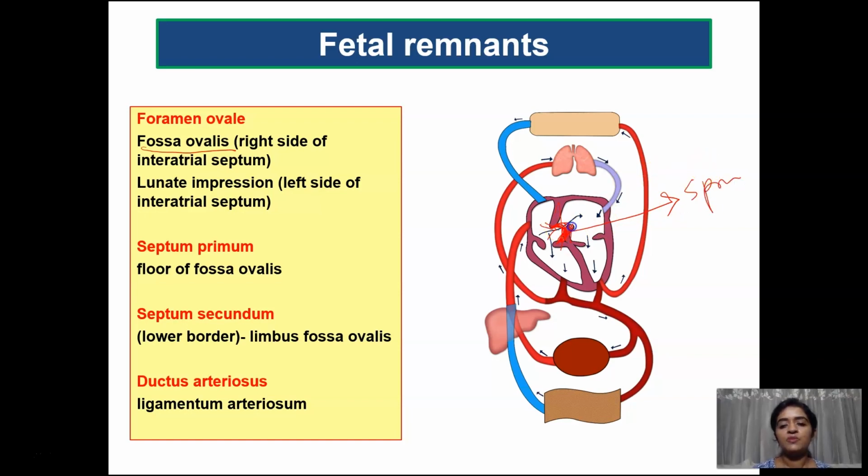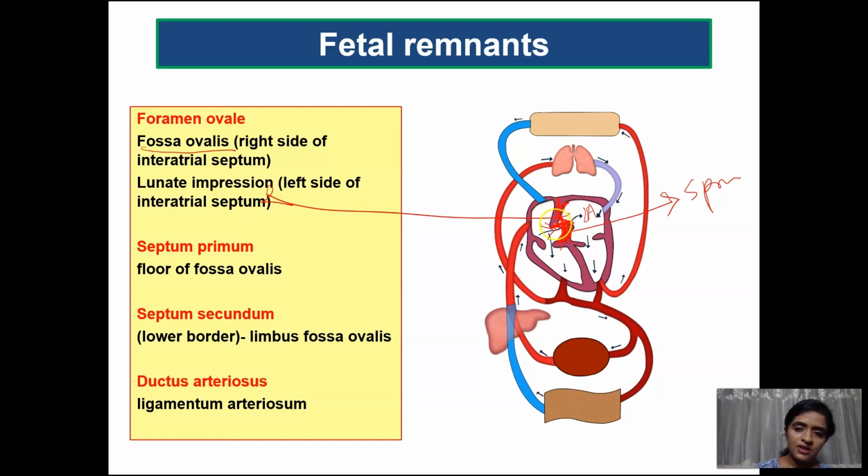When you look from the left atrium, the depression is known as the lunate impression. These are the two impressions you will see on the right and left sides of the interatrial septum. So the septum primum forms the floor of the fossa ovalis.